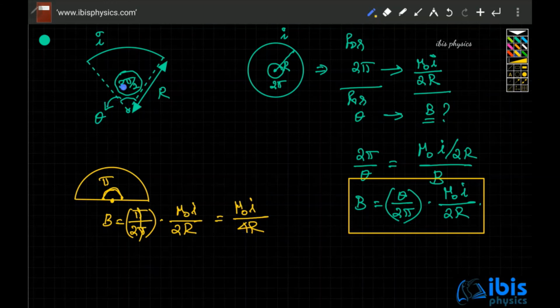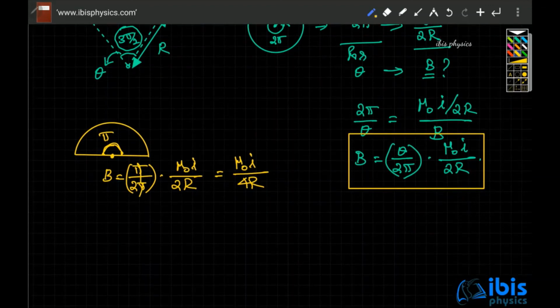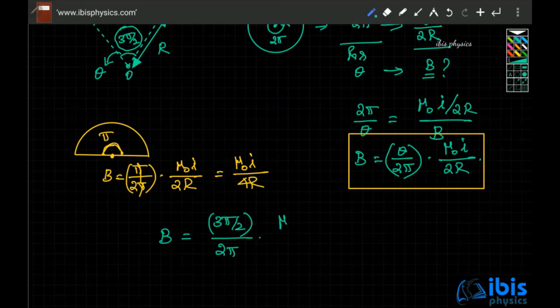Here the theta they have given is 3 pi by 2 radian. So for our question, the unknown magnetic field at the point O, that means at the center, is theta by 2 pi. Theta here is 3 pi by 2 divided by 2 pi into mu naught. The current carried by the wire is I and the radius is r.